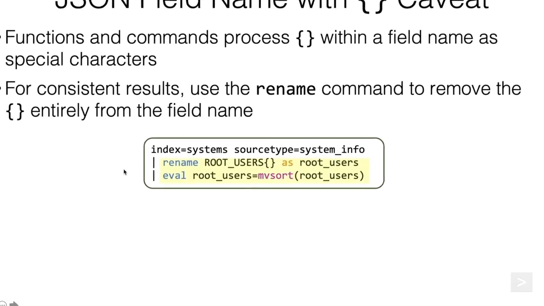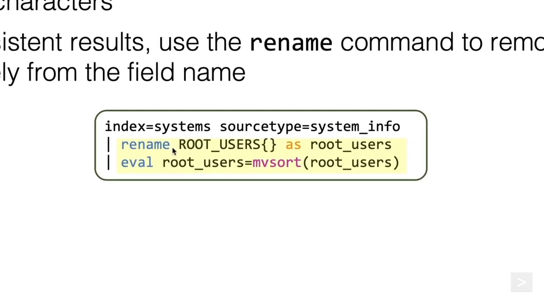If we'd like to, let's say, sort the values of that multi-value root users field and pass it into this mvsort function that we'll discuss in a little bit, we'll see that we have to rename that field prior to passing it into a function as an argument.